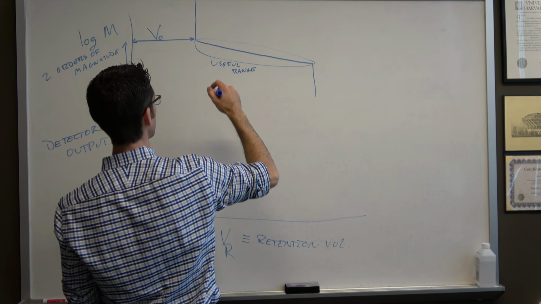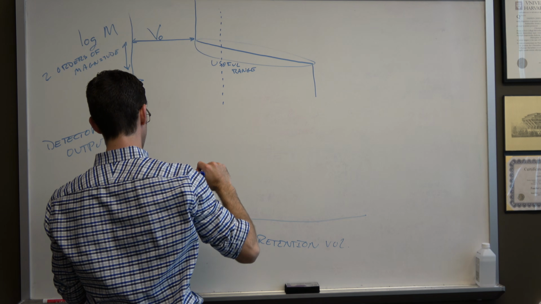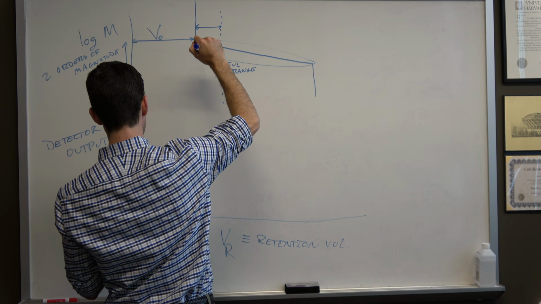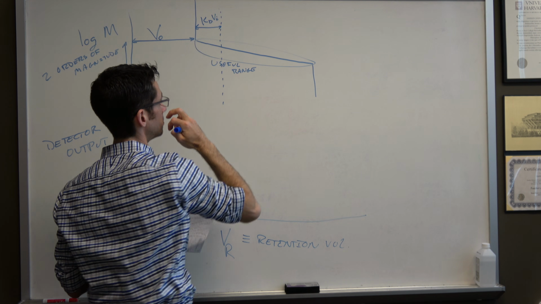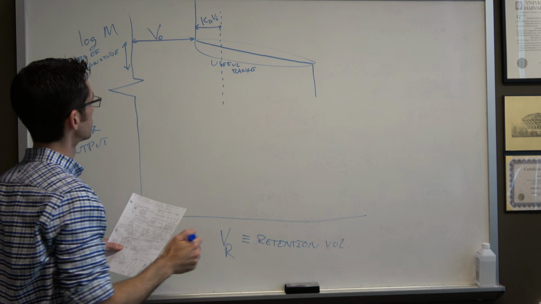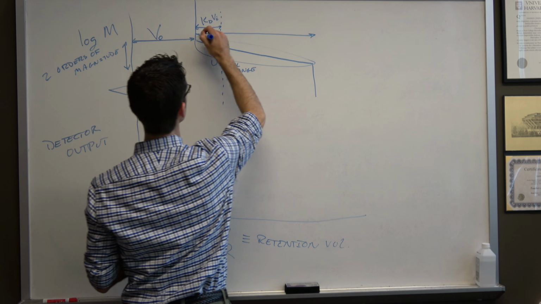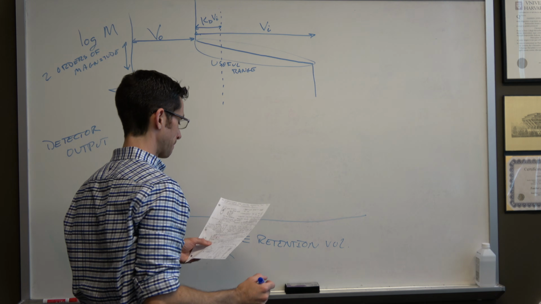And for some given fraction, the volume here is Kd VI, whereas this entire useful range is VI.